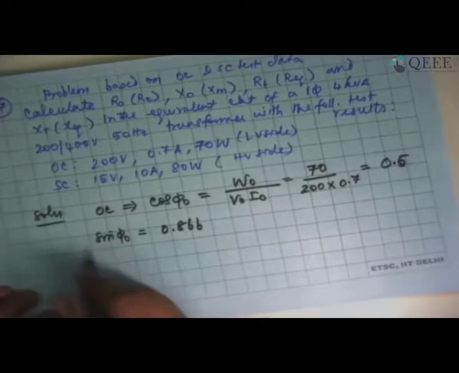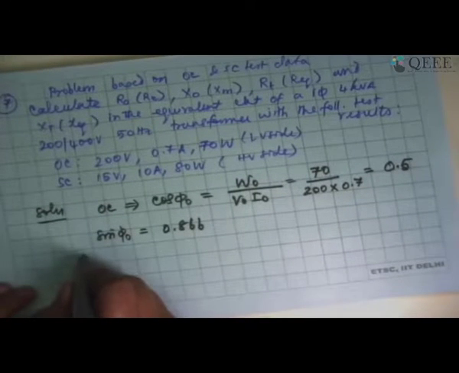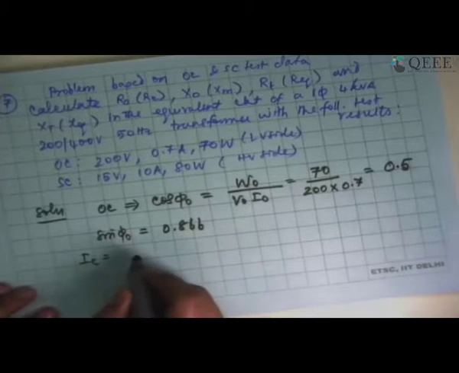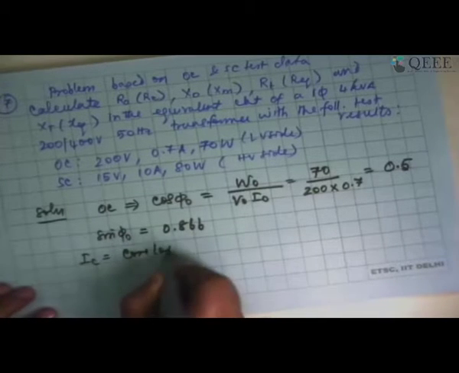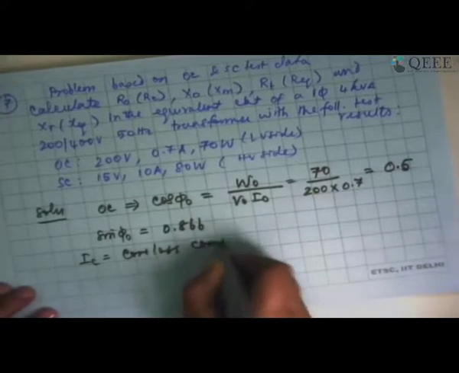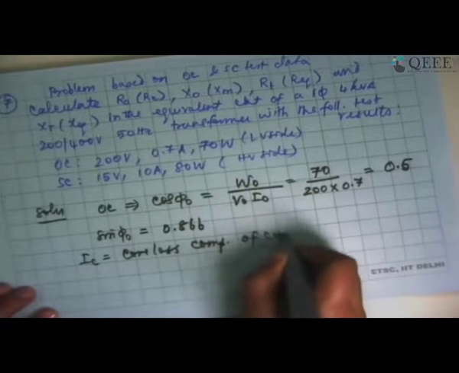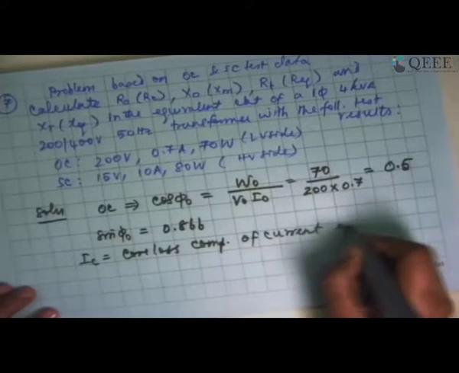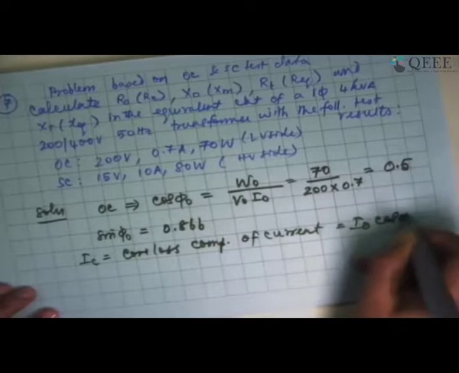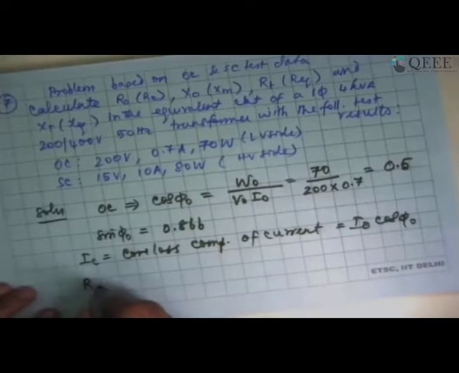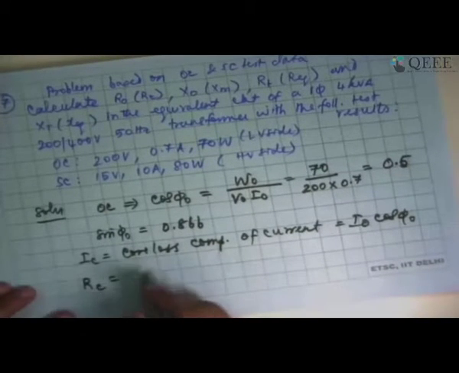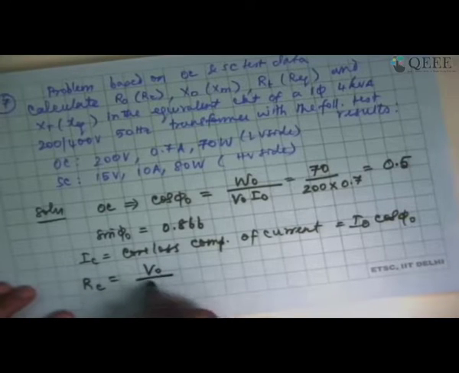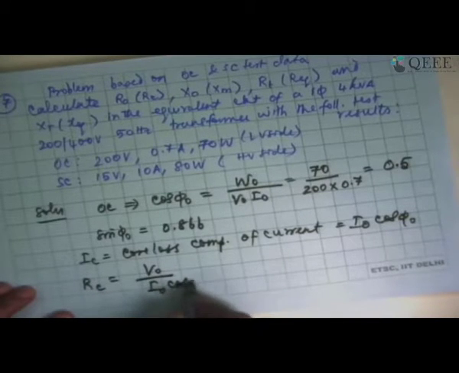Okay. So I can say IC, which is the core loss component of current, will be I naught cos phi naught. So I can say RC will be V naught divided by I naught cos phi naught.